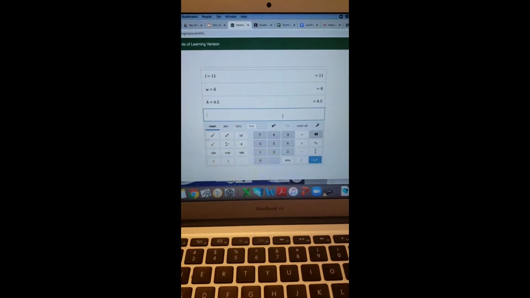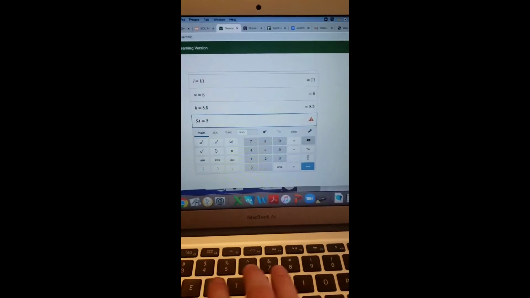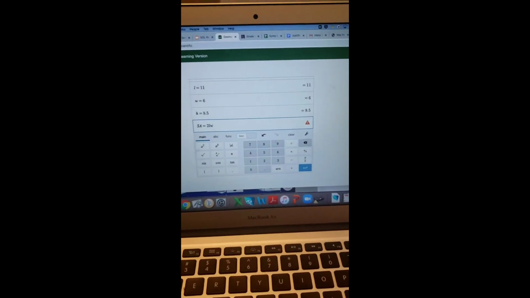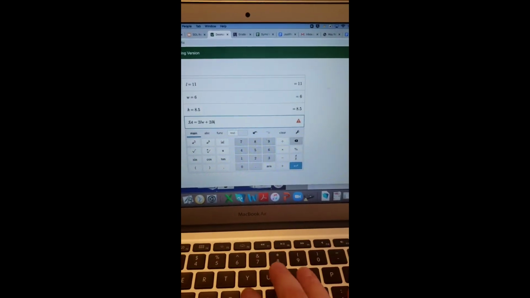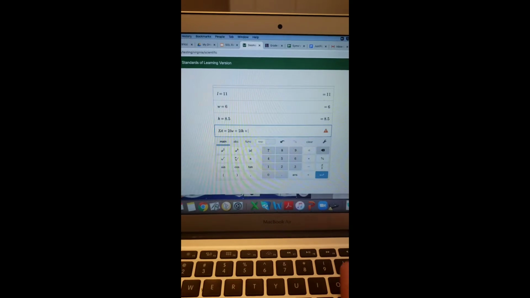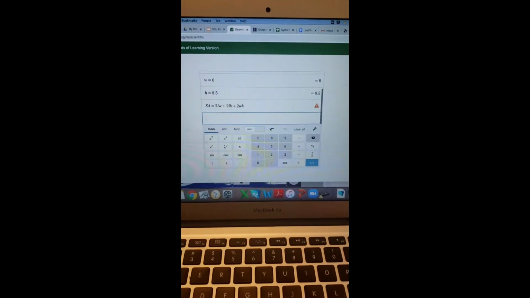SA equals, now let's see how this works, 2LW plus 2LH plus 2WH equals.